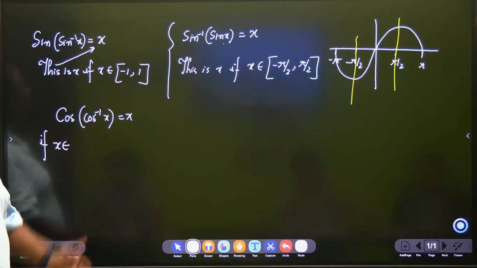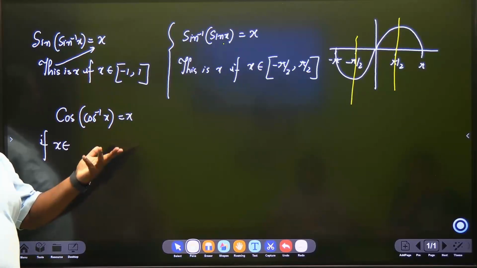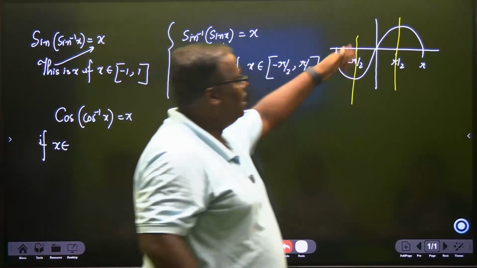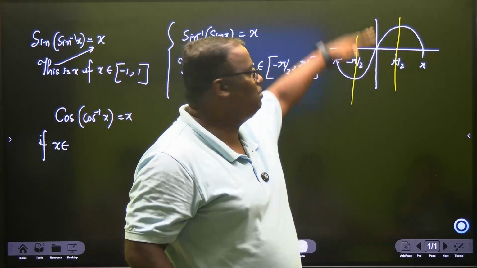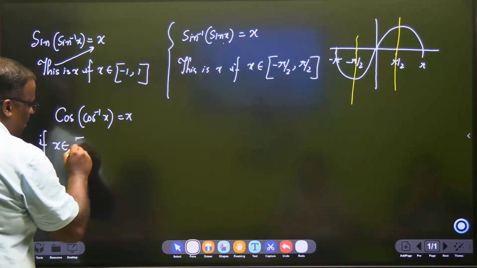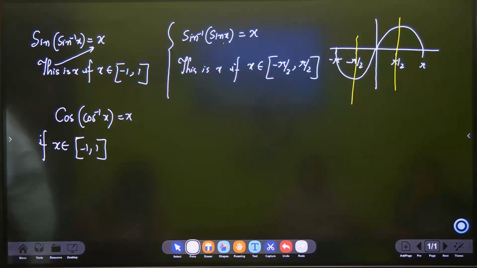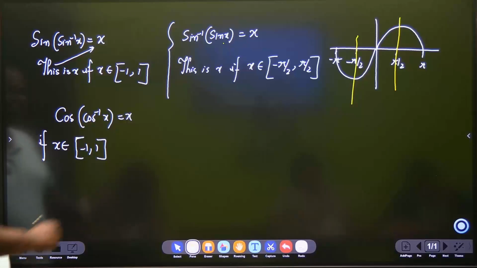Cos as a trigonometric function gives you output from where? The cos function is always dancing between -1 and 1. Remember this, children. Sine function and cos function just dance between -1 and 1. So here it will be -1, 1. This clarity has to develop, though it looks very simple.